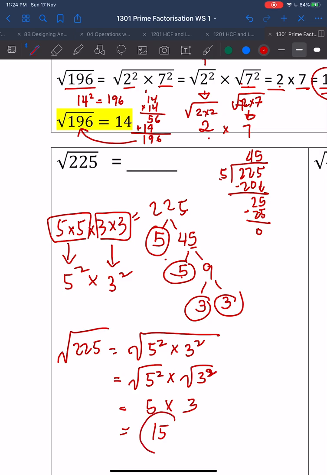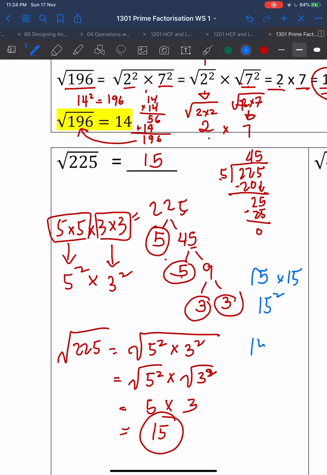So that means the square root of 225 is 15. How are we sure? Let's check. Okay? So, in order to get 225, because it's a square root, it means 15 was multiplied by itself 2 times. In other words, 15 squared.